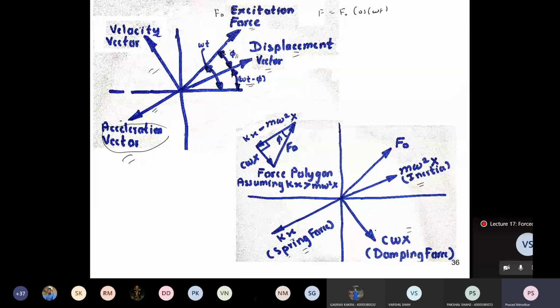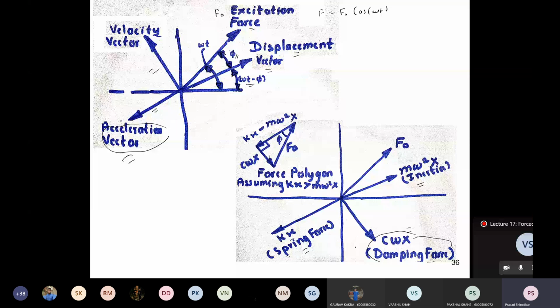And the damping force opposes the velocity vector, so again it is constructed in the direction opposite to the velocity.